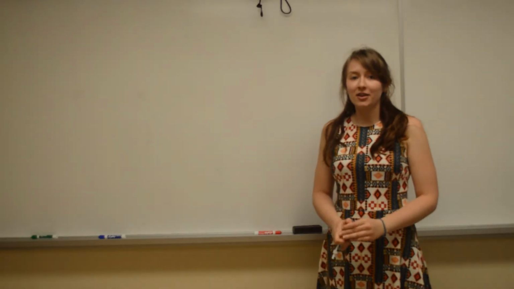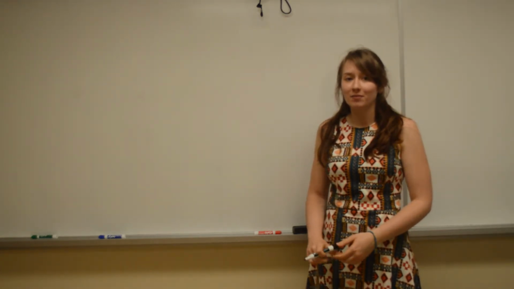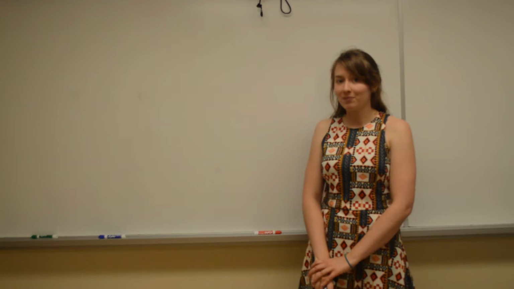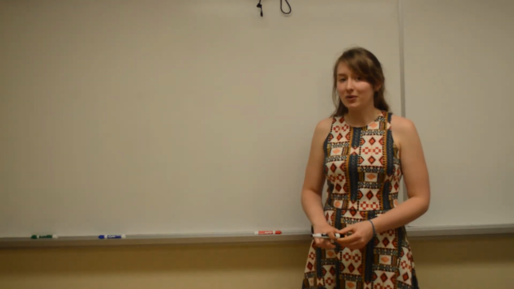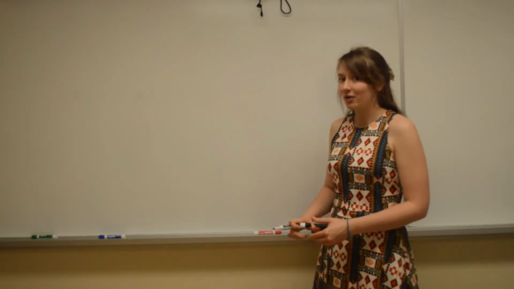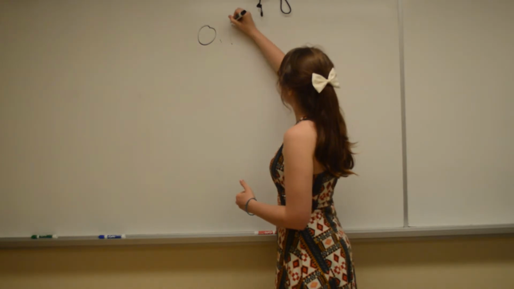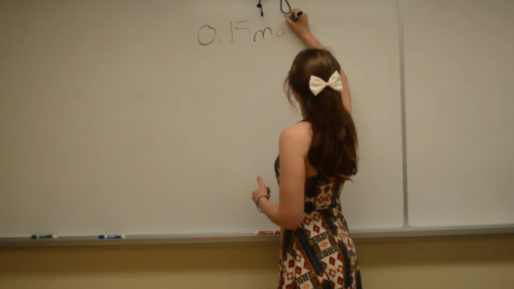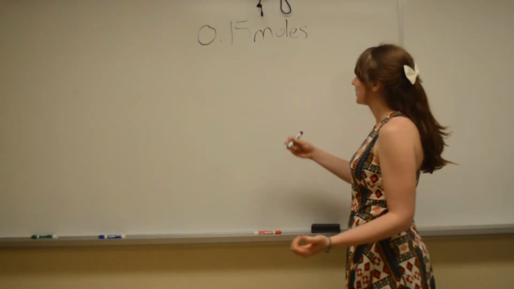Molar mass is another example of a unit conversion factor that you'll become very familiar with using this year. The molar mass of sodium chloride, also known as table salt, is 58.44 grams per mole. If, for example, we needed to add 0.15 moles of sodium chloride to our reaction, we can convert by the molar mass to get to grams.